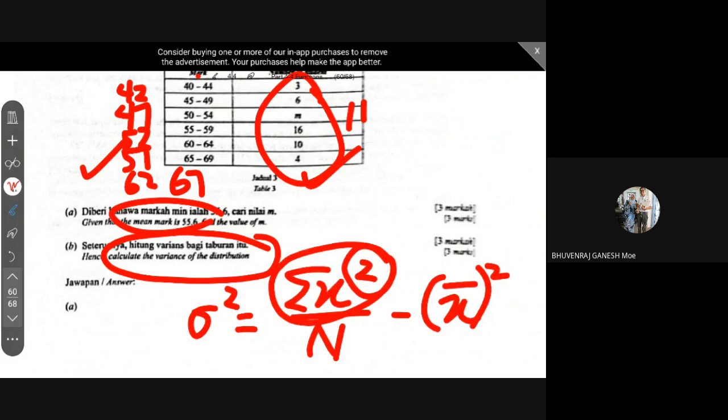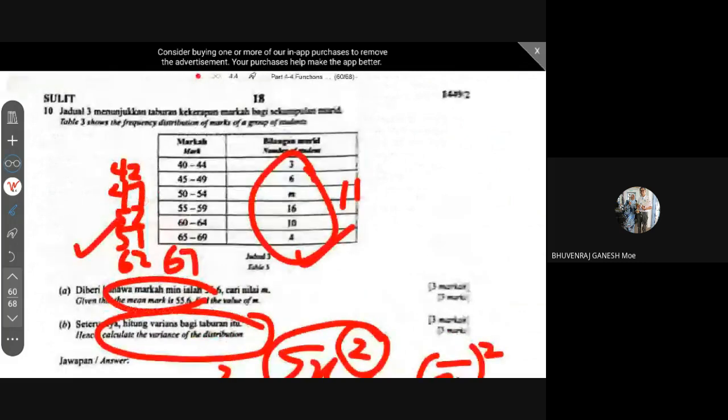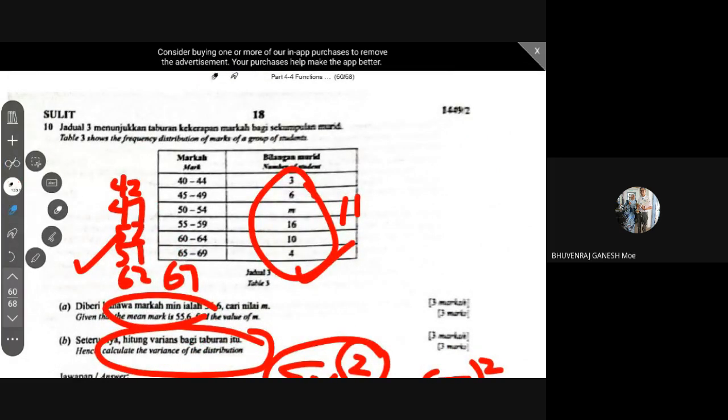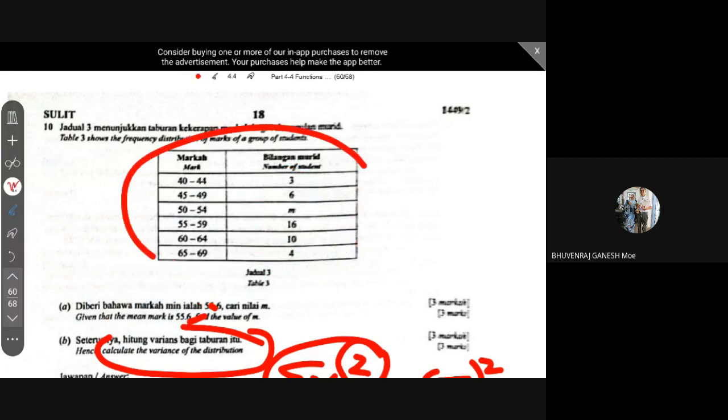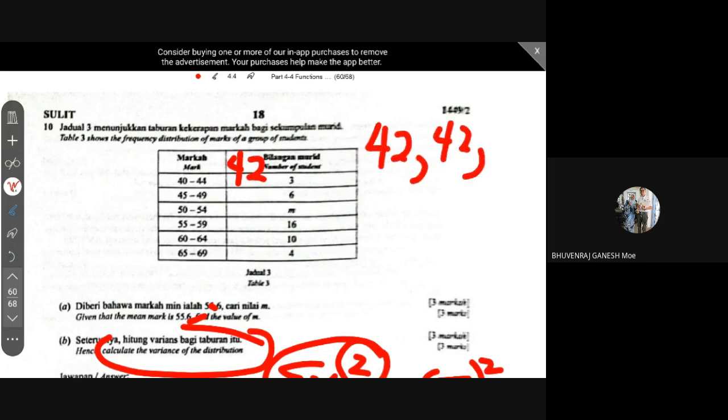Yes, actually correct. So how do we actually know whether it's the data or the frequency? The simple way is to convert this grouped data into ungrouped data based on your midpoint. Just now I said the midpoint here is 42, and the number of students is 3. So I can write 42 three times. So 42 is actually being squared three times.